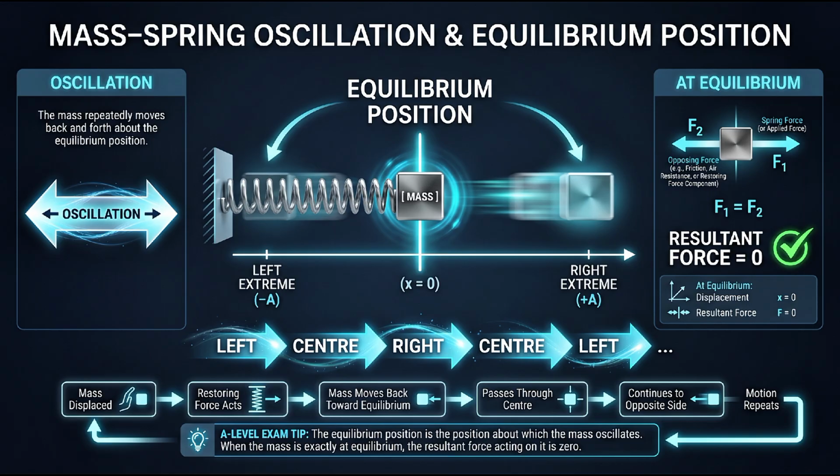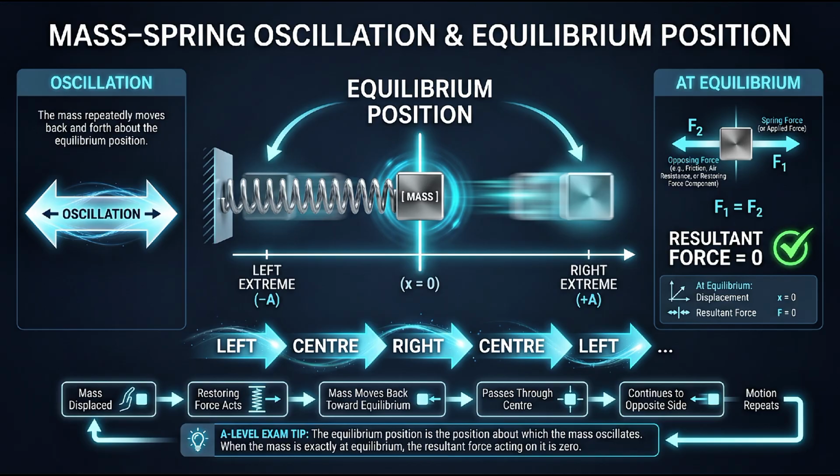The most important idea from this diagram is therefore that the equilibrium position is the central reference position about which the mass oscillates. When the mass is displaced from equilibrium, a restoring force acts to bring it back. The mass moves towards the center, passes through equilibrium, continues to the opposite side because of its velocity, and is then pulled back again.